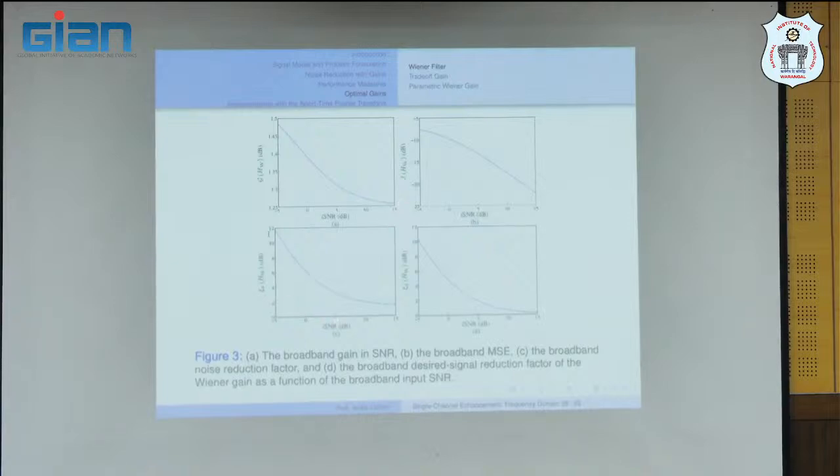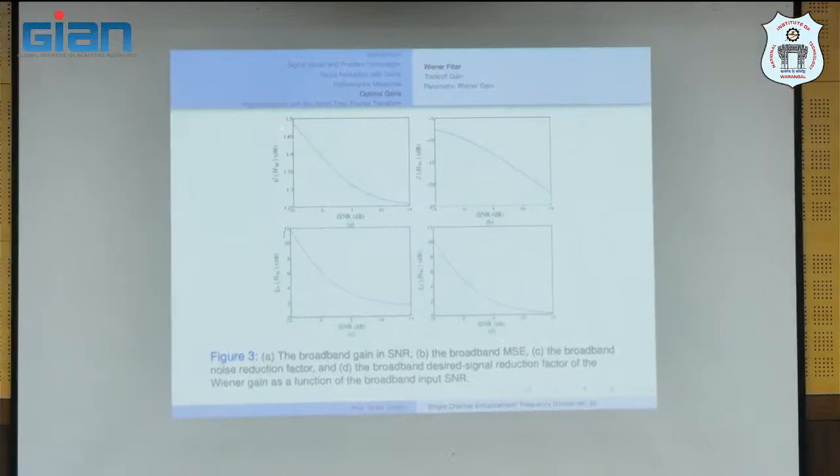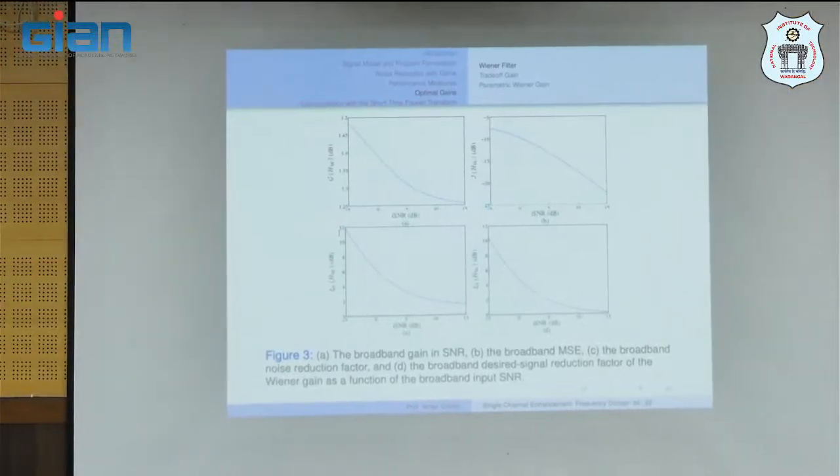When the input SNR increases, the noise reduction decreases. This is always true, because when the input SNR increases, we have less noise to deal with. So the noise reduction decreases, and then the gain in SNR also decreases.